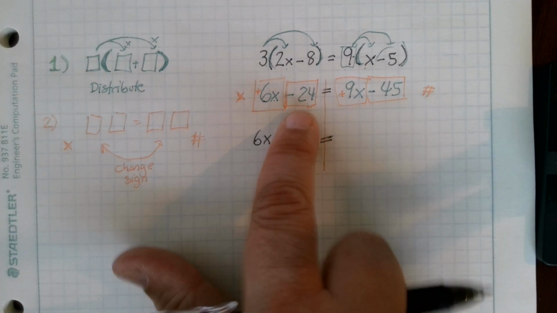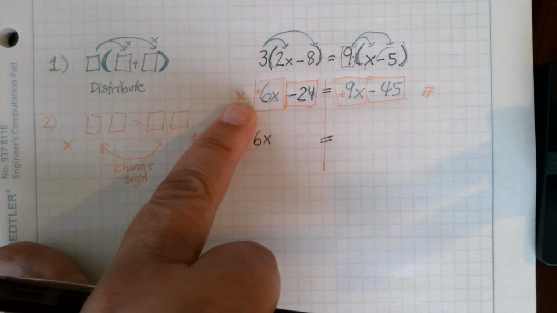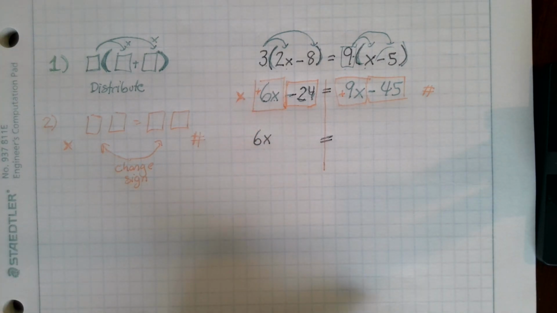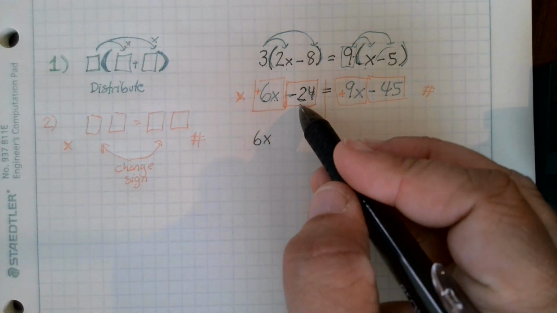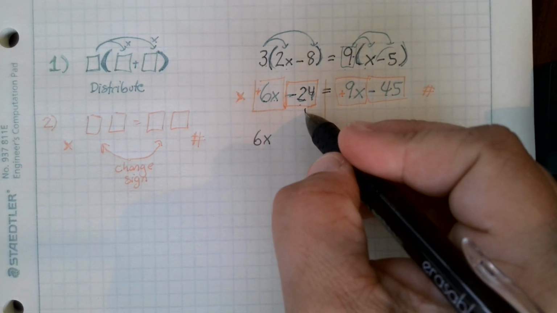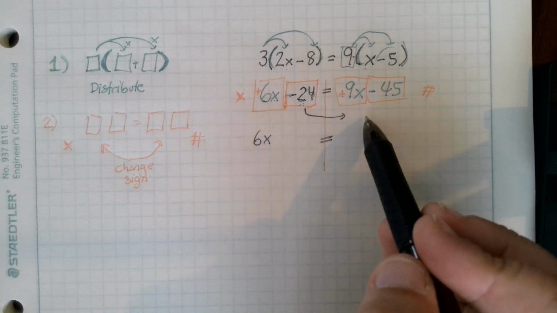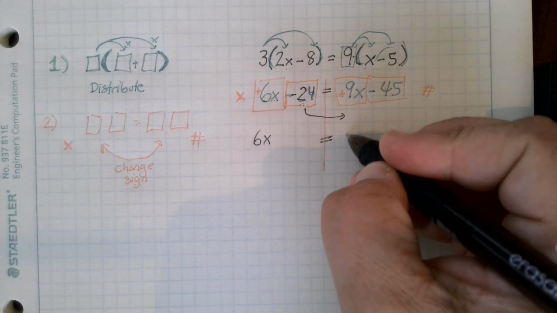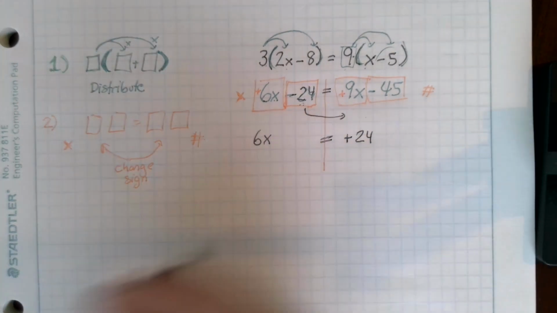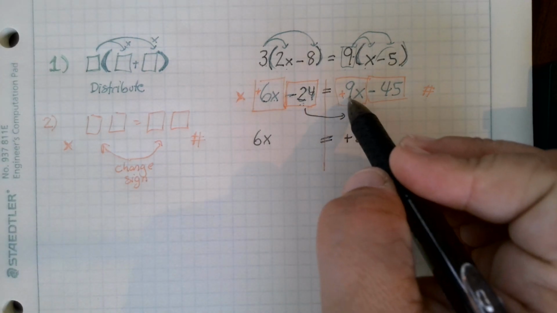Okay. Next one, minus 24. Does not have an x. It is a number only, so it needs to go to the number side. We'll have to move it. That means we change the sign. It goes from the left across and becomes a plus 24. Then I look at my next one, positive 9x.